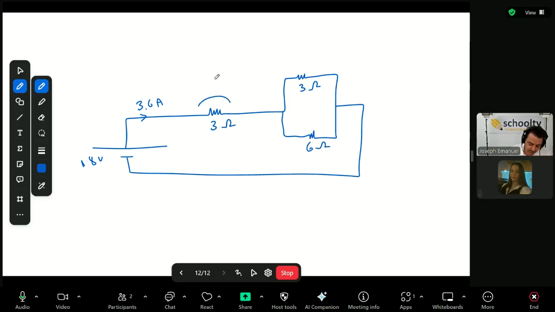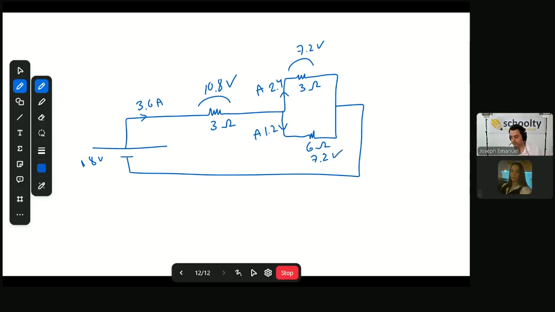The voltage here, how much we said? 10.8 volt. Here you have current 2.4 ampere, and here you have current 1.2 ampere. Here voltage is 7.2 volt, this is 7.2 volt. Okay? Nice.